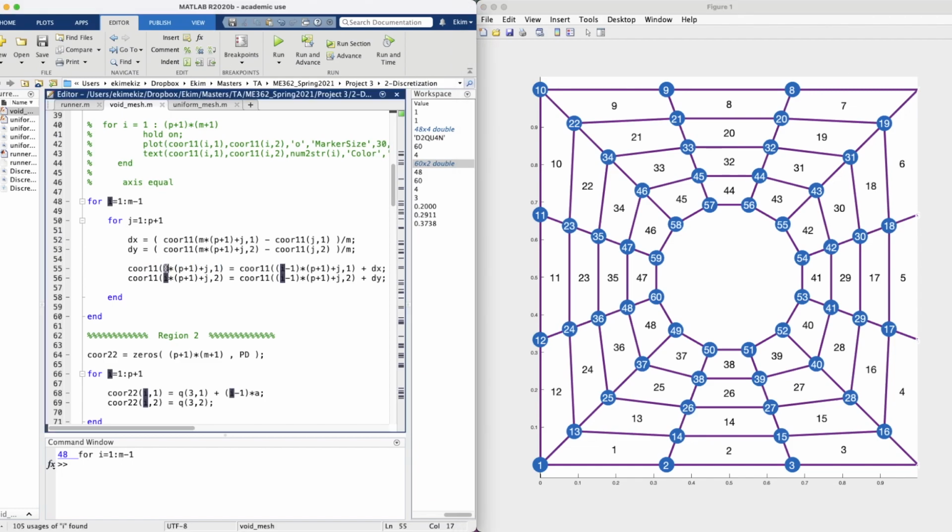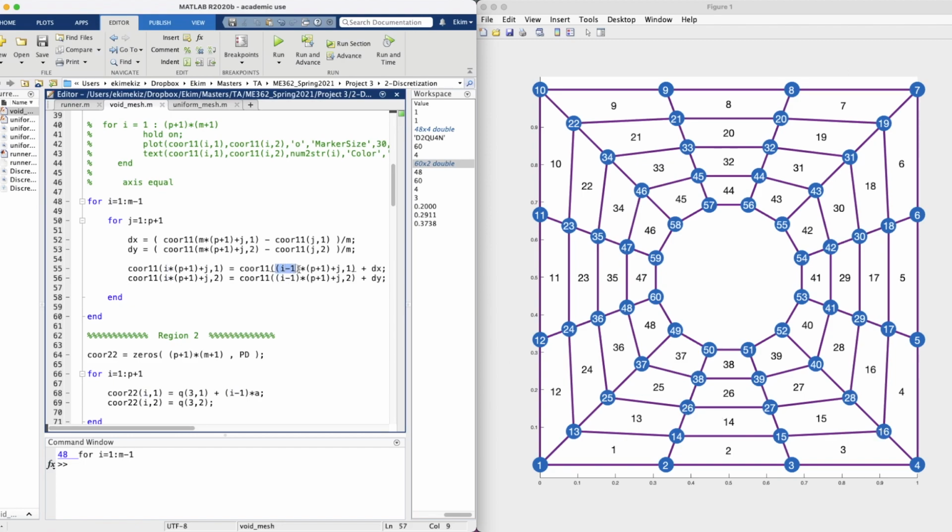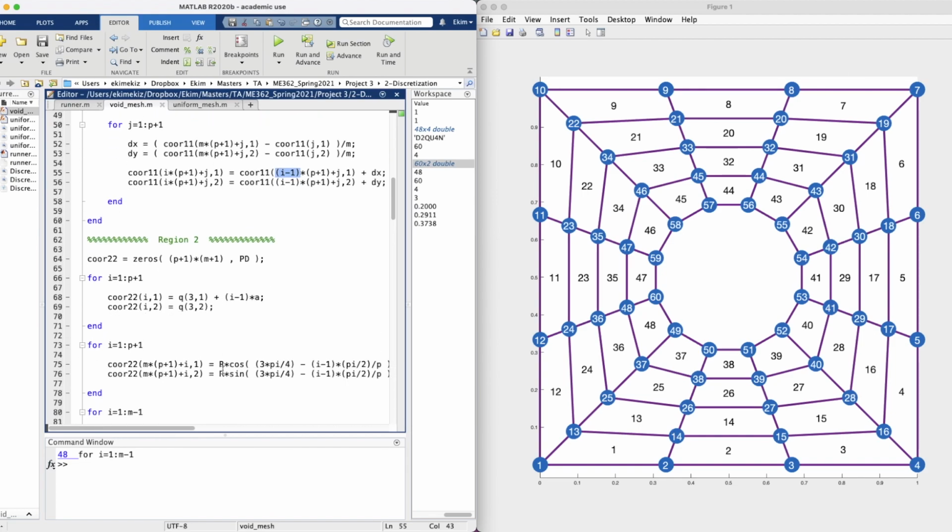If i is 2, 2 times p plus 1, we are here, plus j is 2, we are here, i minus 1 p plus 1. Now we should be here, plus j here. Okay, so we are checking the node at the previous line.